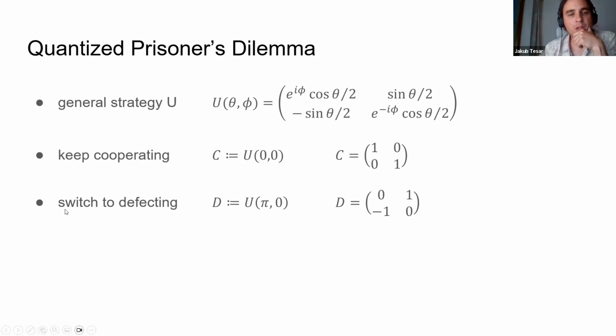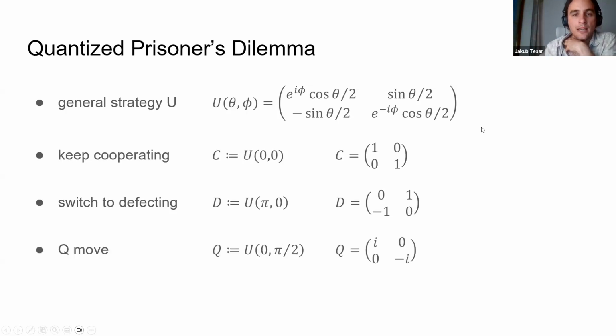And if you want to switch to defection, then you would take pi for theta and 0 for phi, and you will get the manipulation that would allow you to switch to defection. So basically this would correspond to the classical strategies, but in this paper they introduce this Q move, which is given by those two factors, and the Q matrix looks like this.